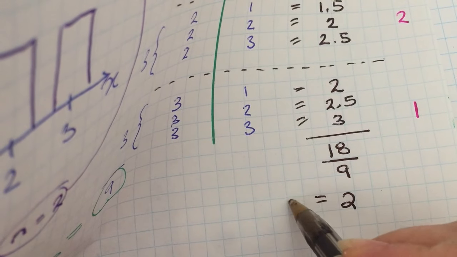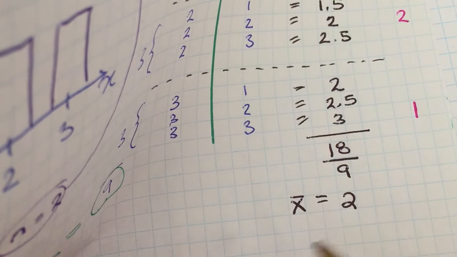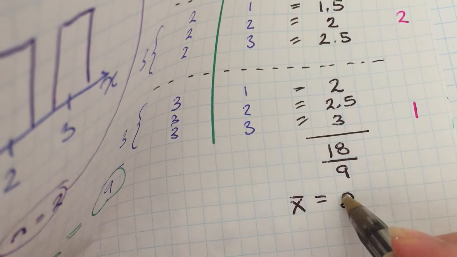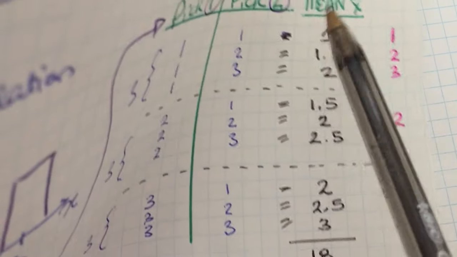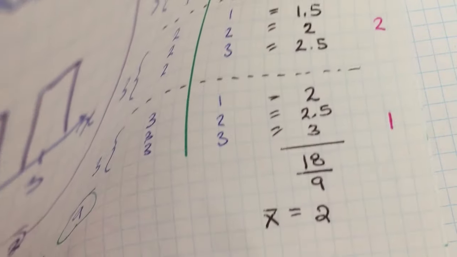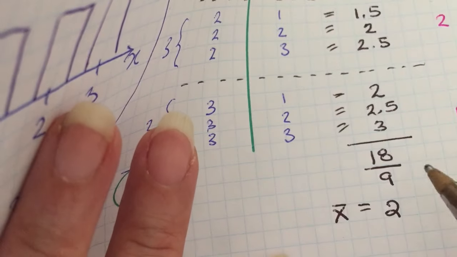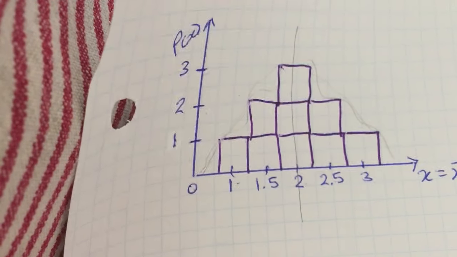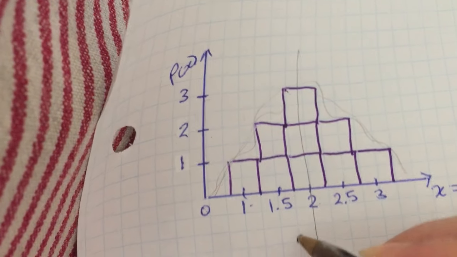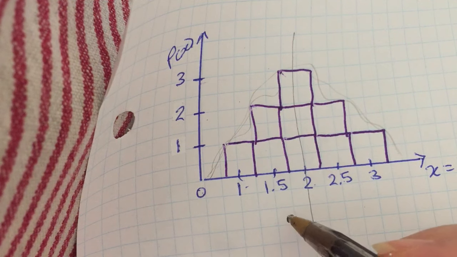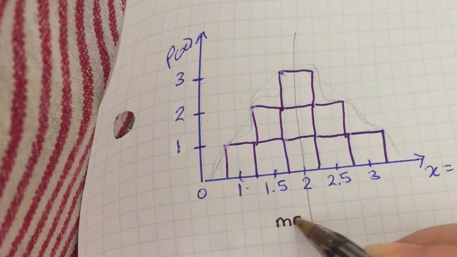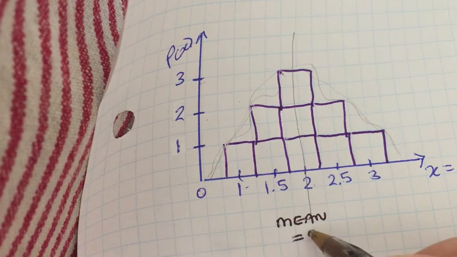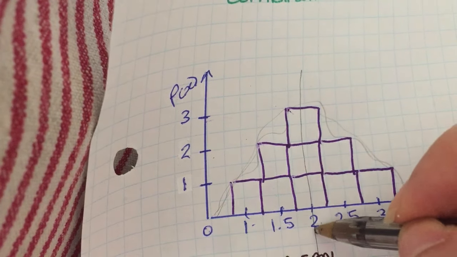Okay, so that is my sample mean of means. That's my mean of all of the means. Okay, so that's how I got that this mean is equal to 2, right here.